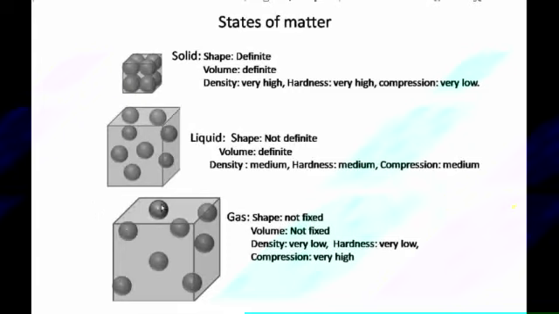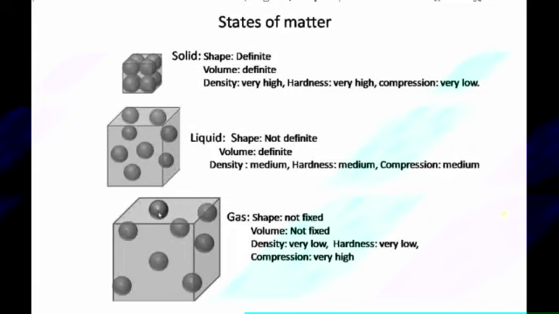So it captures whatever space it gets. So its volume changes. It takes higher space if much space is given. If low space is given, it will take that much low space. So volume is also not fixed.